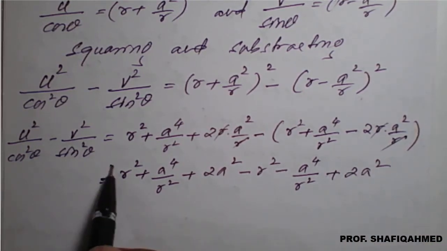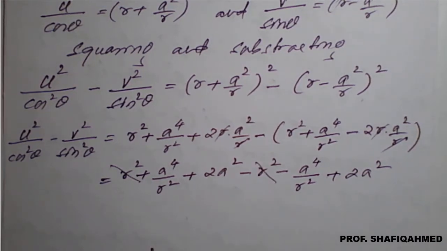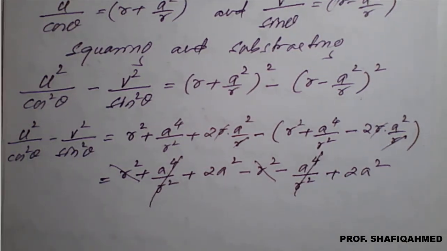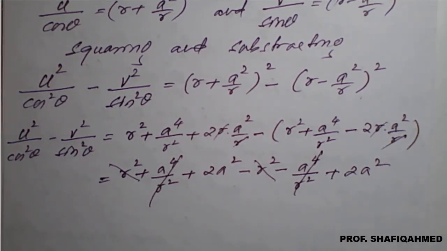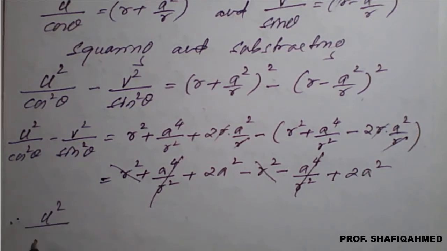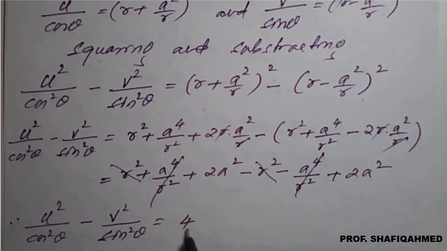So here r square minus r square cancel, a raised to 4 upon r square and minus a raised to 4 upon r square cancel. So the left part is 2a square plus 2a square, so it will become 4a square. Therefore u square divided by cos square theta minus v square divided by sin square theta is equal to 4a square.